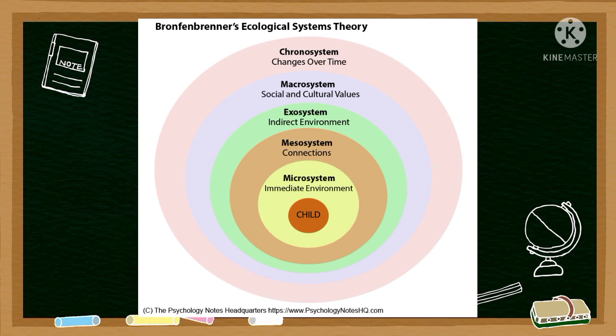The fifth and final level of Bronfenbrenner's ecological system theory is known as the chronosystem. So this system consists of all the environmental changes that occur over the lifetime, which influence development, including major life transitions and historical events.